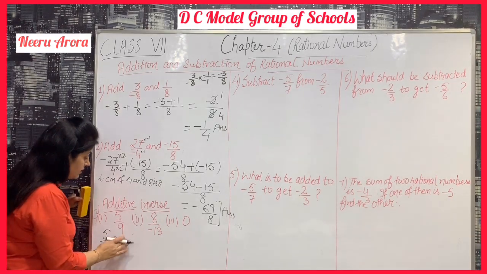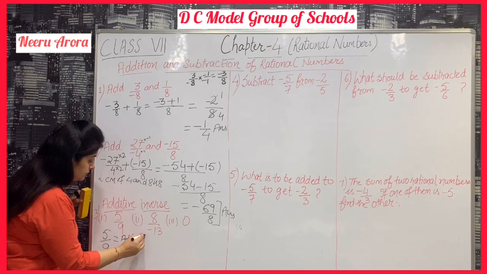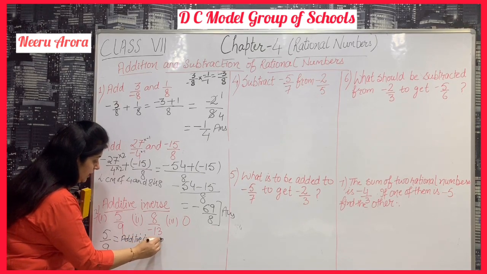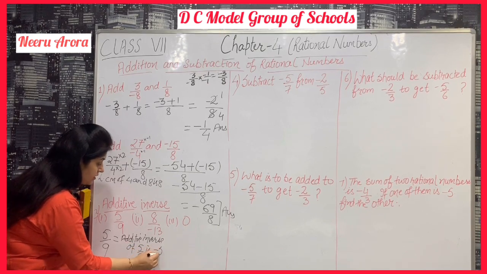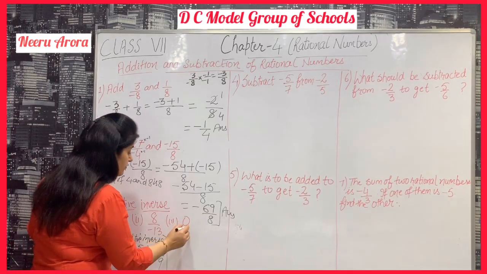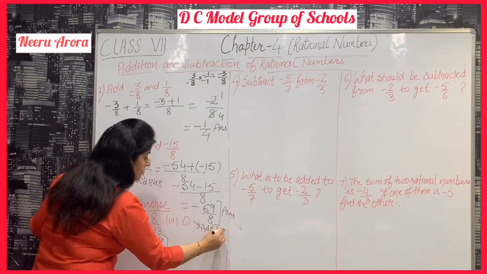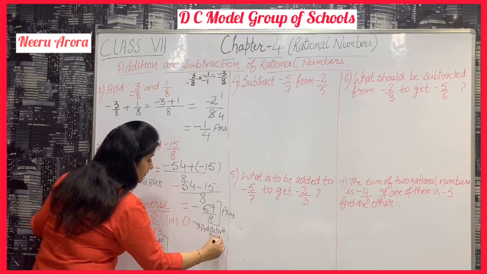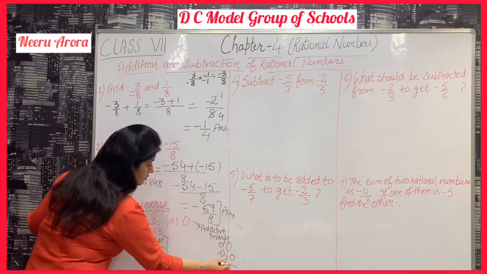So the additive inverse of 5 by 9 is minus 5 by 9. The additive inverse of 0 is 0.